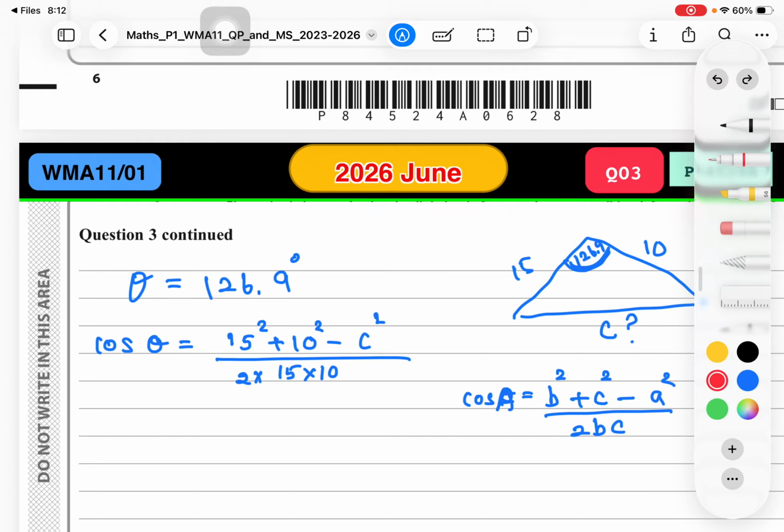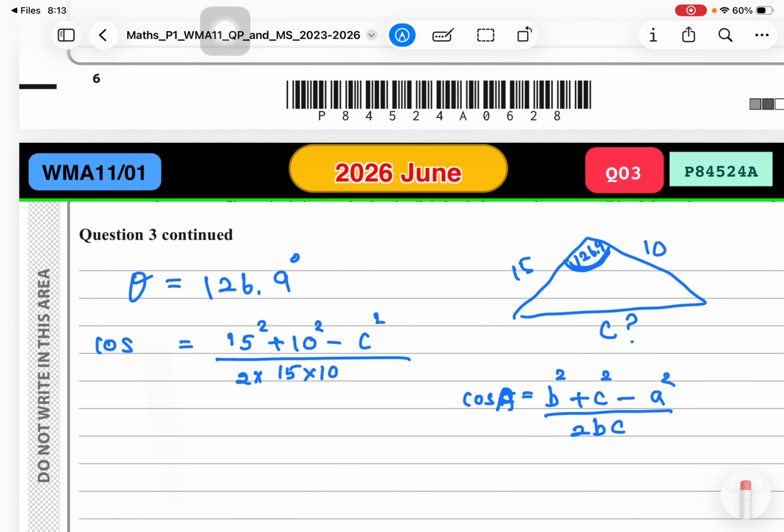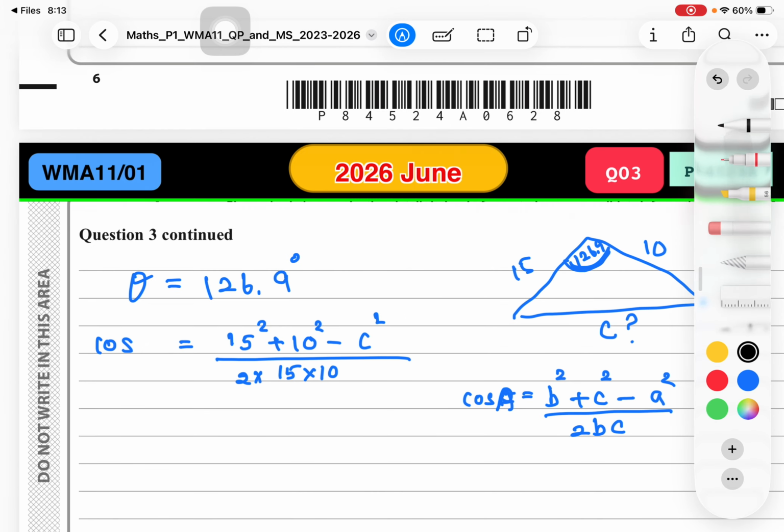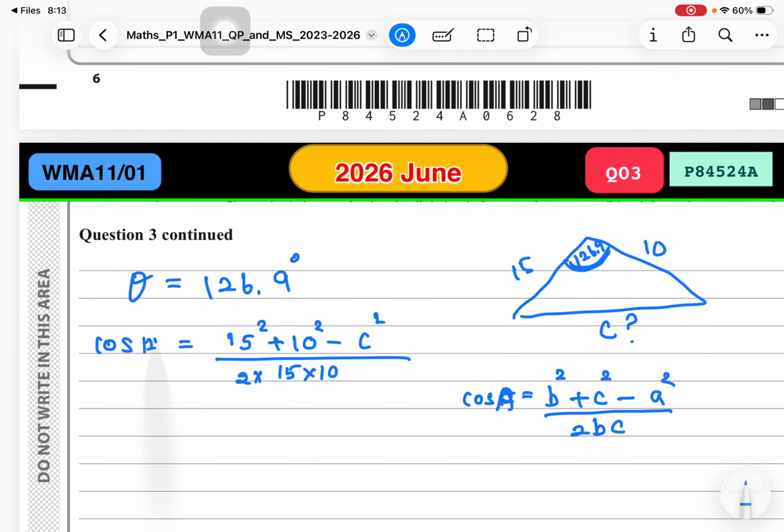So this theta can be replaced. We know the value, it's 126.9.